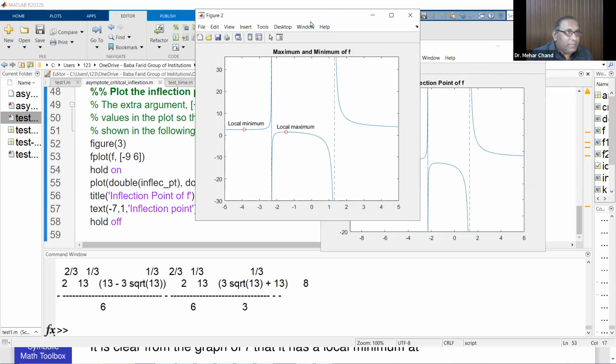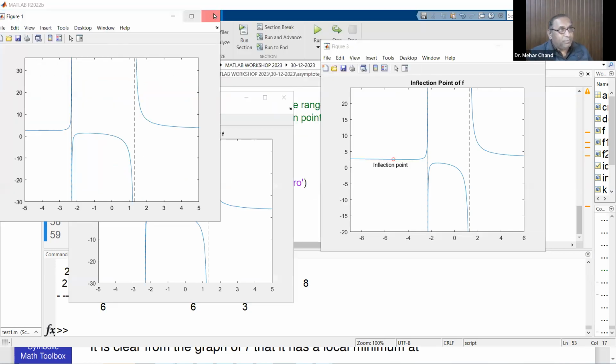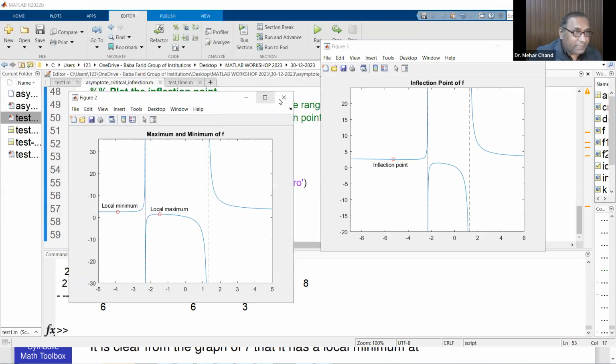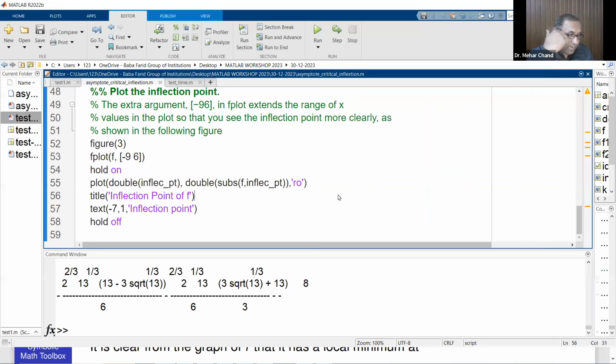This is the first, this is the second, this is the third. By slicing the script file, you can easily test each part. Depending on you, you can run the entire code or run subsections of the program.